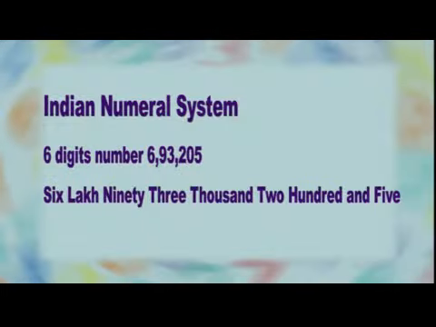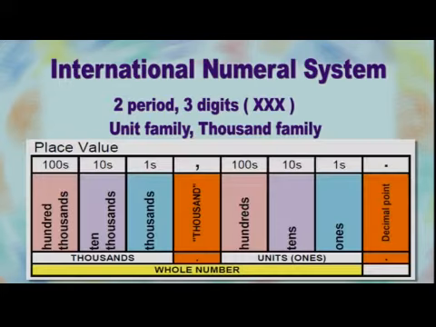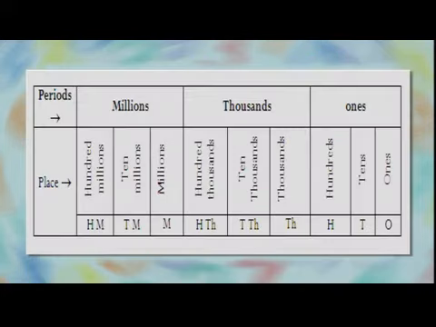In the Indian system, a 6 digit number is written as 6,93,205. In the international system, the same number is written with periods of 3 digits, and the comma is inserted after 3 digits from the right. After that, all the periods in the international system are of 3 digits only.